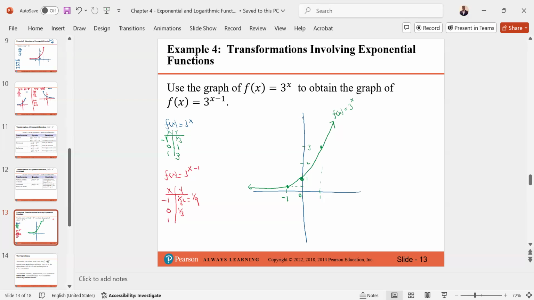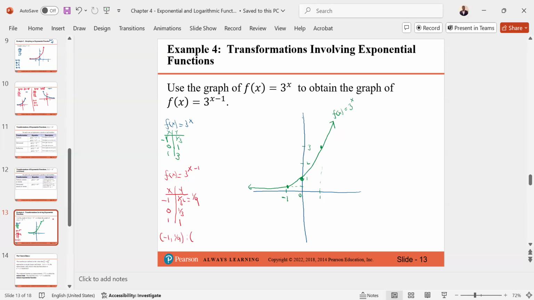And if x is 1, 1 minus 1 is 0, so it's going to be 1. Look at that. The first point is -1, 1 over 9.